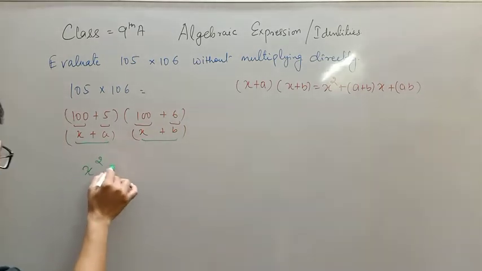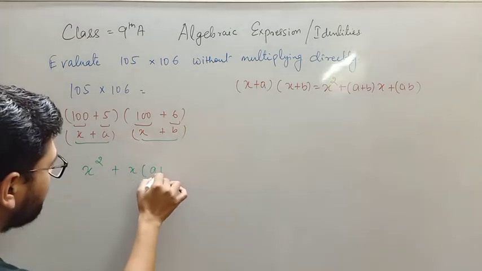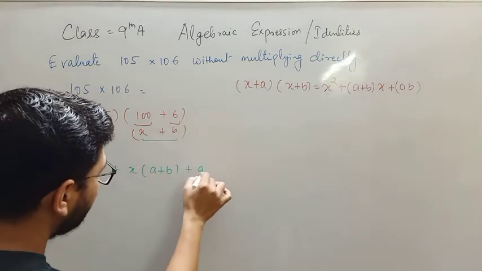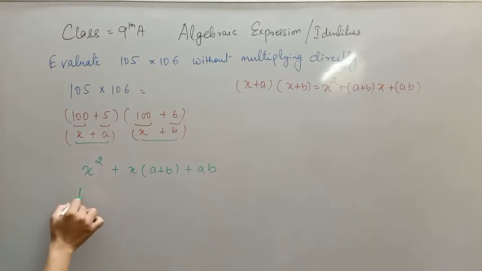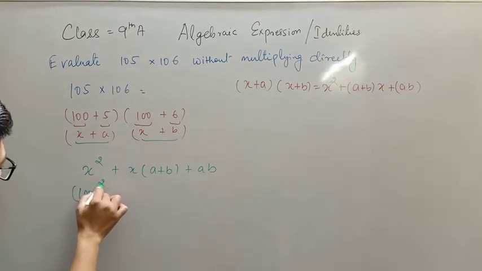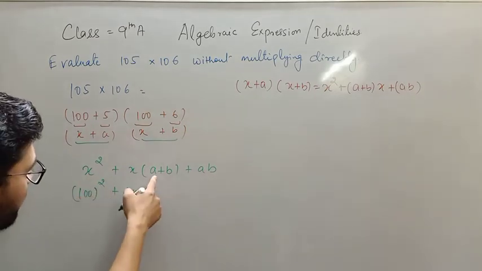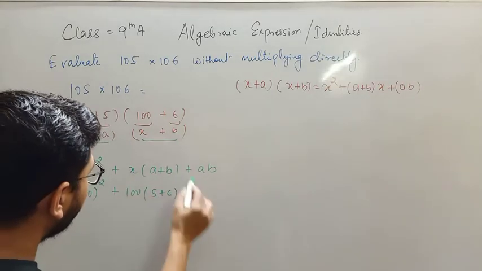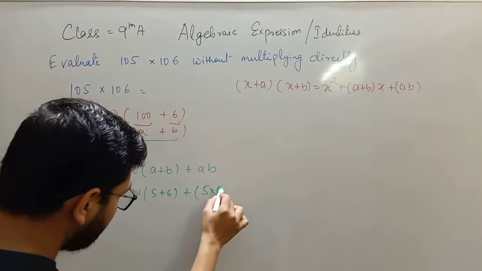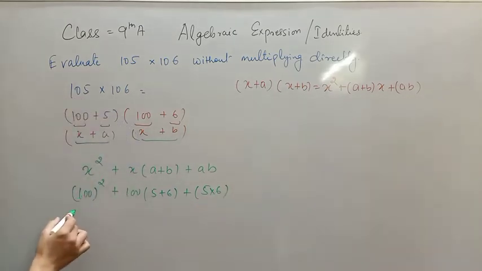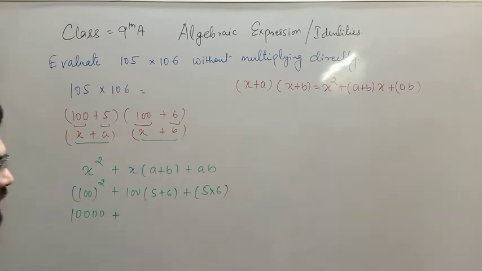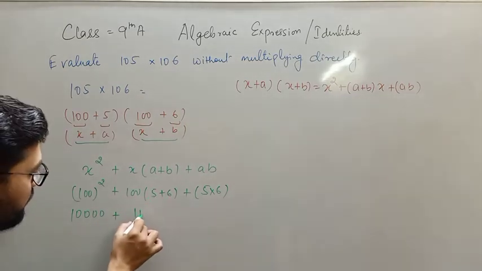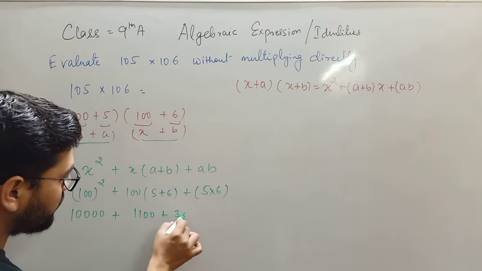So I can simply write x square plus x(a plus b) plus ab, or in place of x I can write 100 square plus 100, in place of a and b I can write 5 plus 6, and in place of ab I can write 5 into 6. Okay, 100 square is 10,000, 5 plus 6 is 11, so I can write 1100, 6 5s are 30.